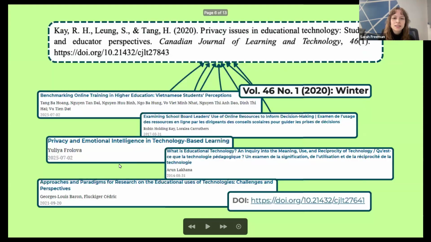So here's an example of a hallucinated citation in the top here. This is a hallucinated citation that is in a published article on the internet. It's purportedly citing one of the journals that we publish at the U of A, which is the Canadian Journal of Learning and Technology. And just looking at this citation, it looks like it could be real, right?